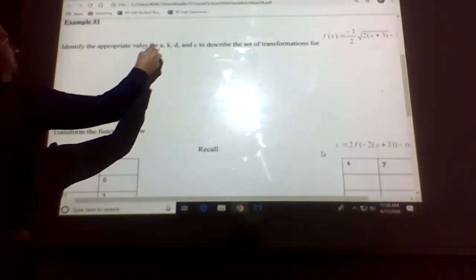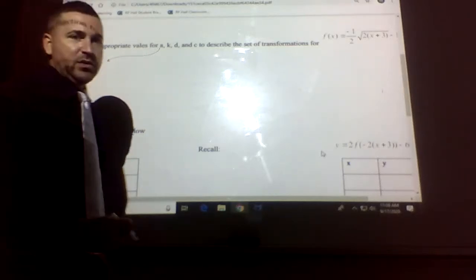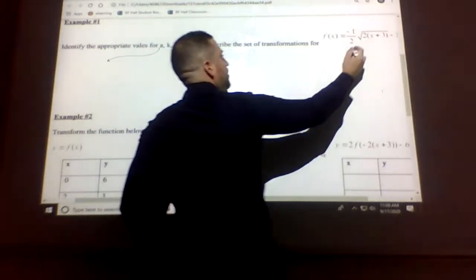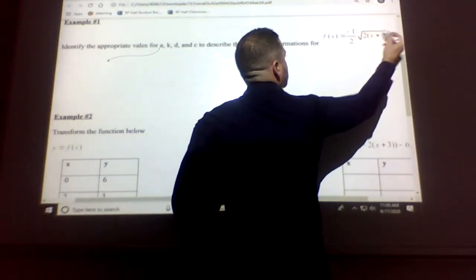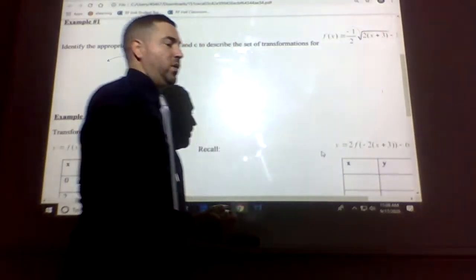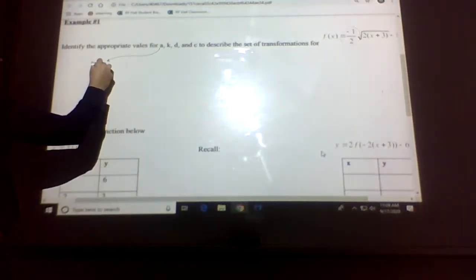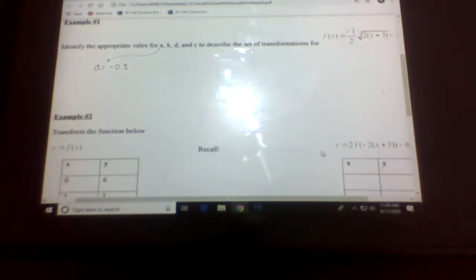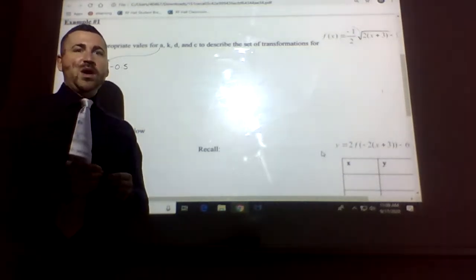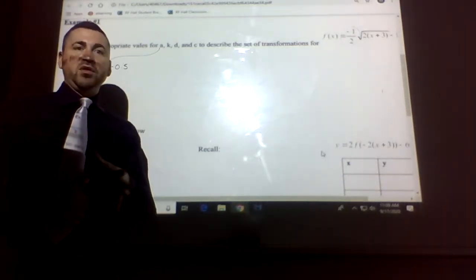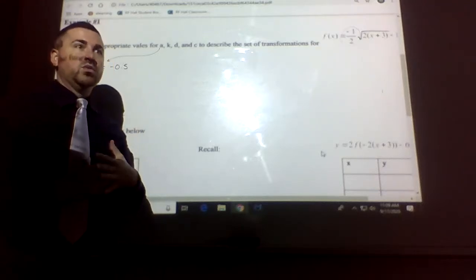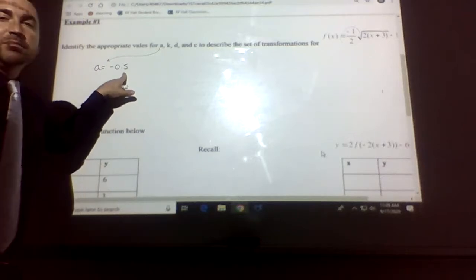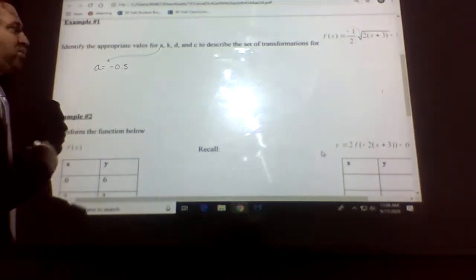So for our A value, the A value is the number in front of the bracket or in front of the function. The function here is the square root. So in front of it is the -1/2, or you can write it as -0.5. What does that -0.5 do to the parent function? Since it's between 0 and 1, it compresses.